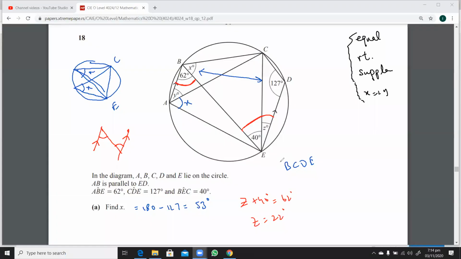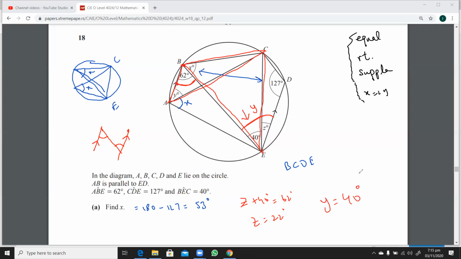If you look at this BC, this BC has subtended the angle y at the point A. Can I say this is the angle y here as well? Yes. Look at this BC. From this BC you have this angle over here, and from the same chord you have the angle here as well. So that means your y is simply going to be equal to 40 degrees.